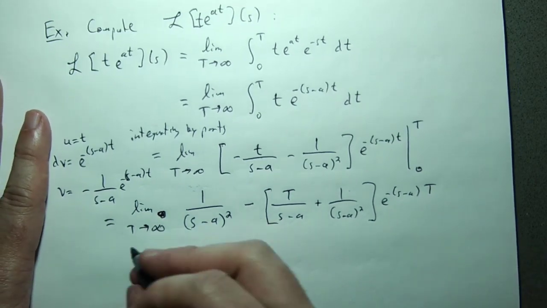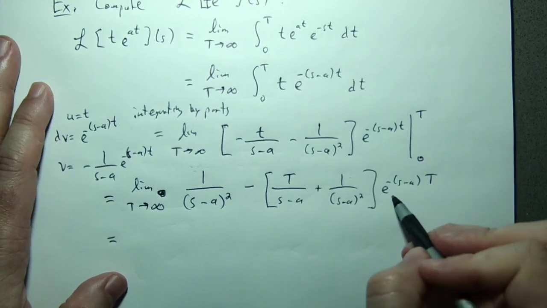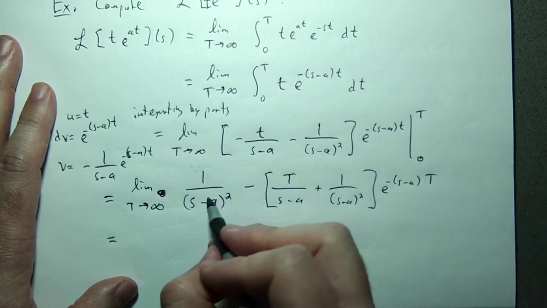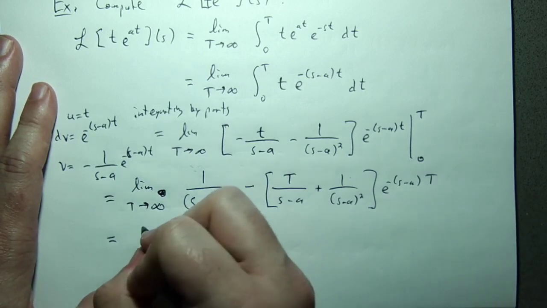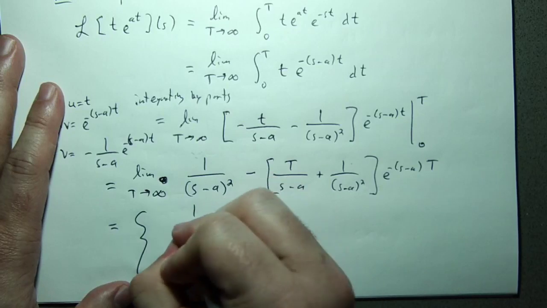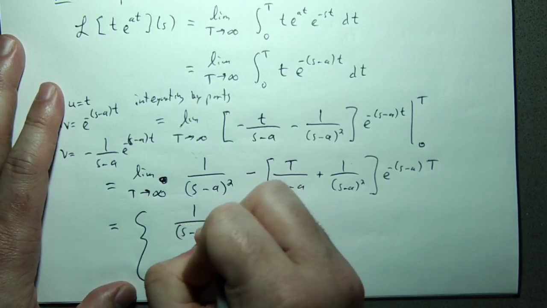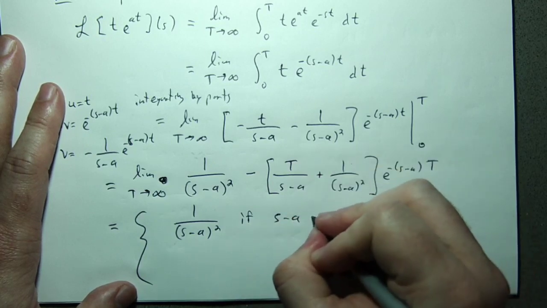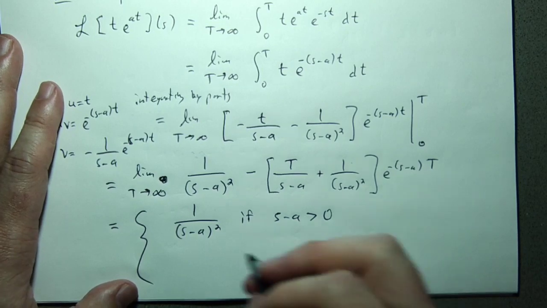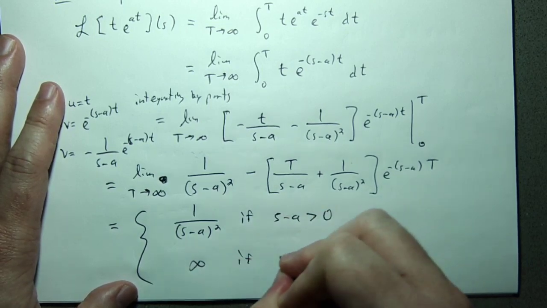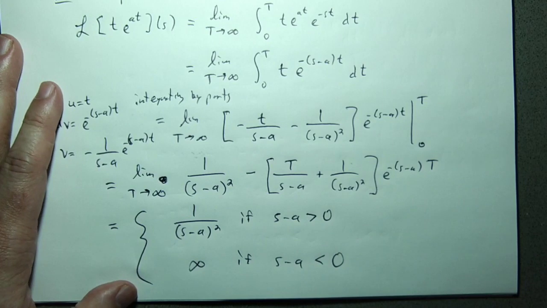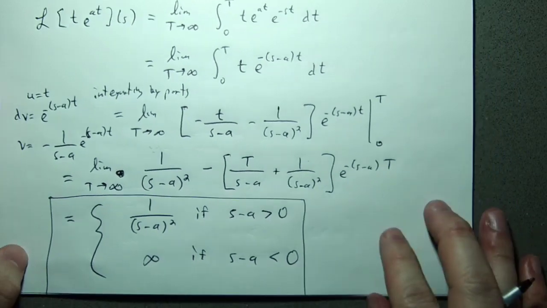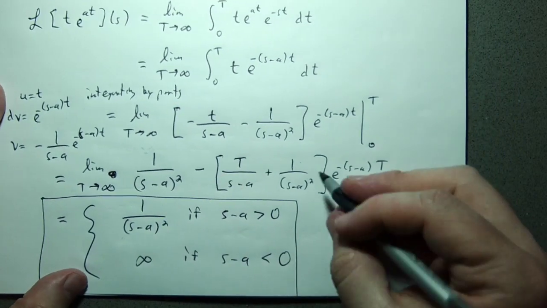Okay, and so in the event that s minus a is positive and this term goes to 0, I'm left with just 1 over s minus a squared. So this is 1 over s minus a squared if s minus a is positive, and infinity if s minus a is negative. Okay, and so we have again found the Laplace transform where this limit actually exists.